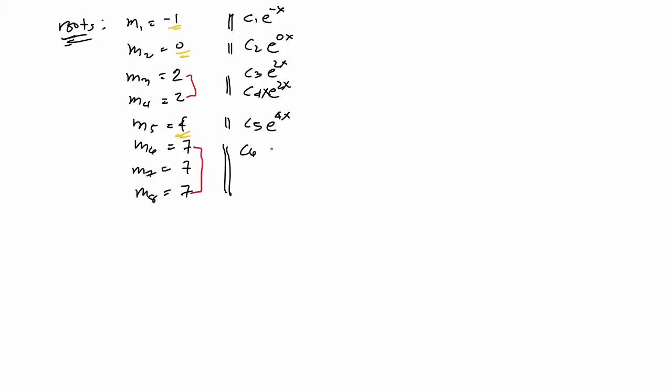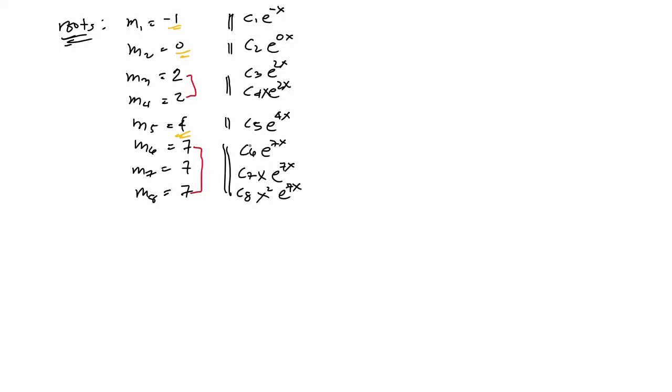So c sub 6, we have e raised to 7x, and then c sub 7 e raised to, since this is repeated, we need to add x, x e to the 7x, and c sub 8, n minus 1, so we have x squared e raised to 7x.